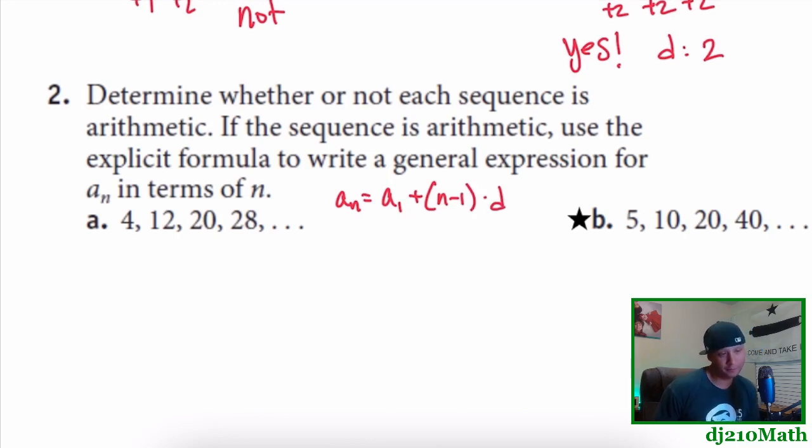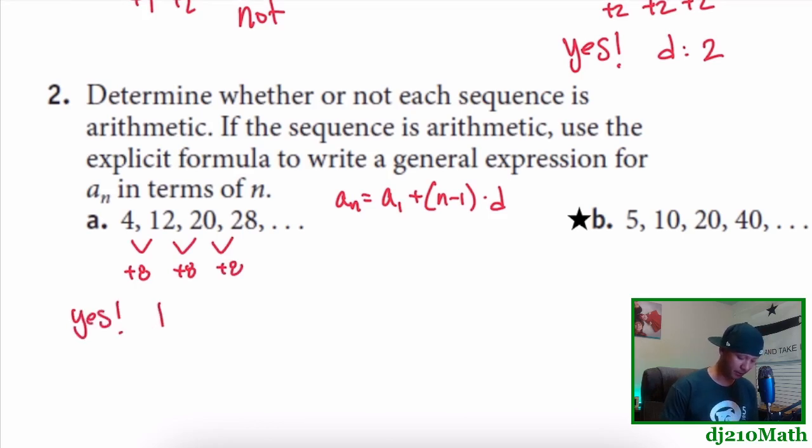If it is in fact arithmetic, then this is what we're going to use. So let's see. From 4 to 12, we're adding 8. 12 to 20, we're adding 8. 20 to 28, we're adding 8. So yes, the common difference is going to be 8.